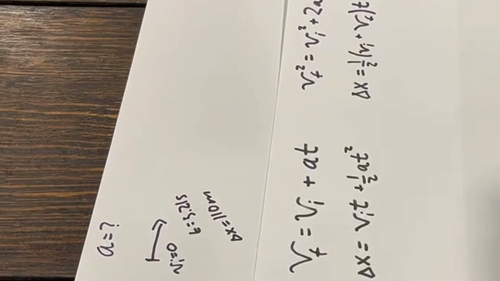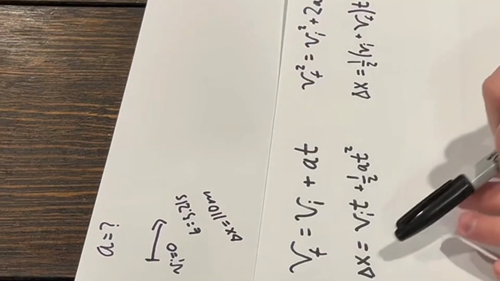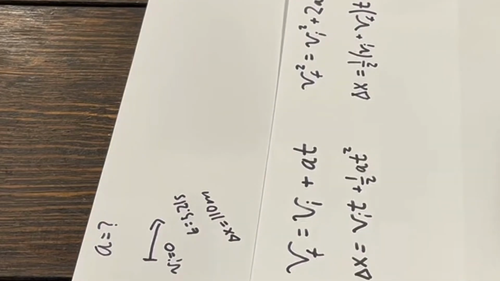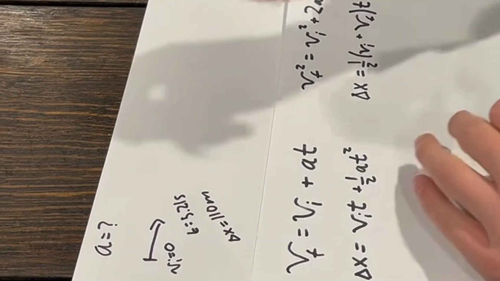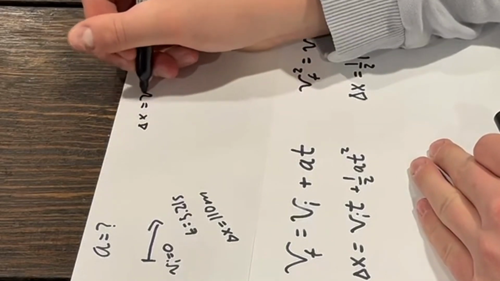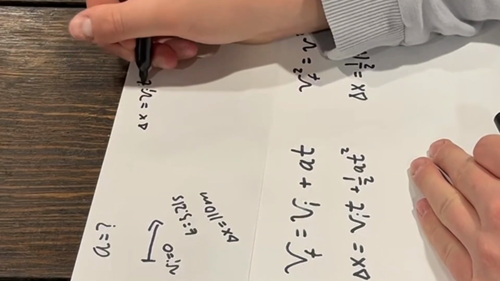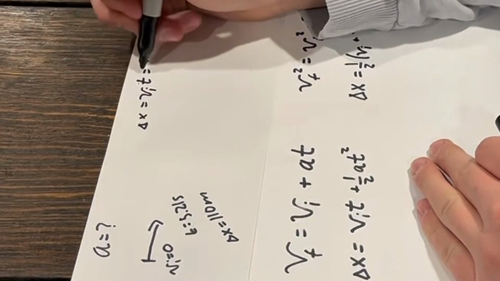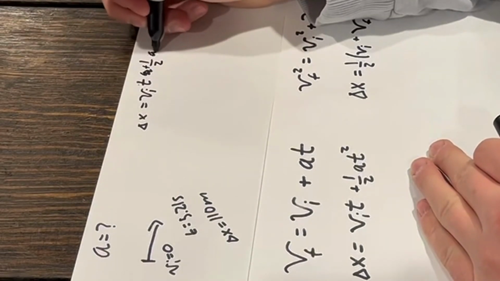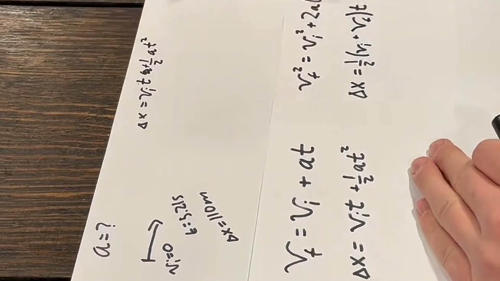Now we can reconsult our 4 kinematics equations, and we see that yet again we are using this delta X equation. So let's write that down again. That is delta X equals V initial times time plus 1/2 acceleration times time squared.